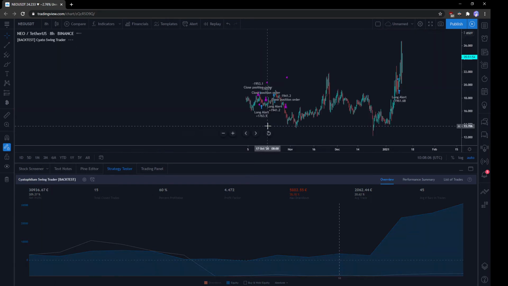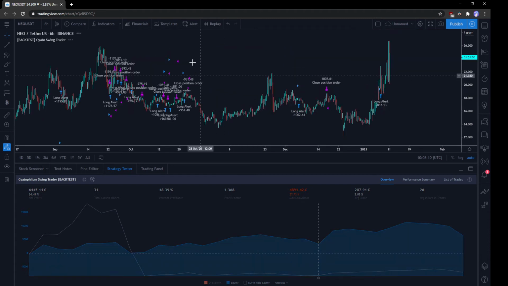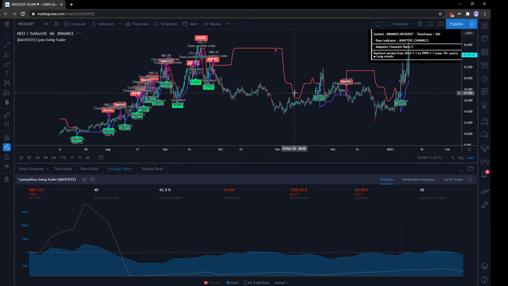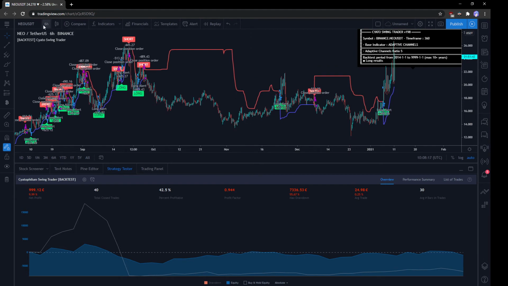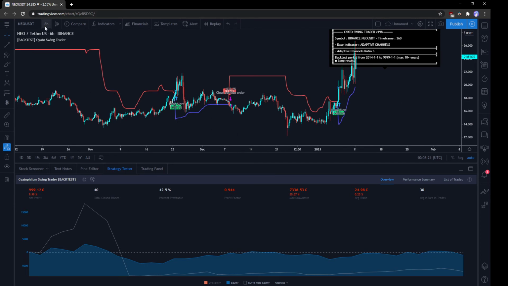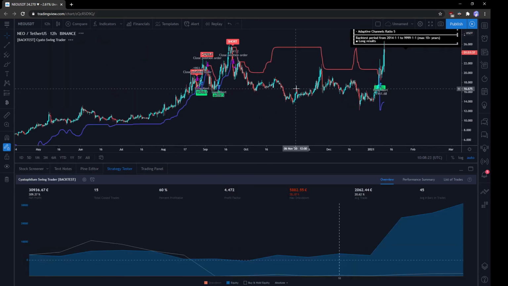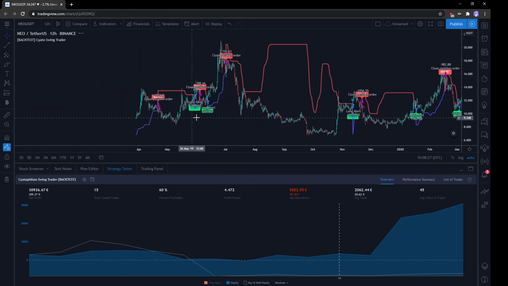So let's see what we get on other time frames. So NIO, we can see that it's not one of the most traded pairs because it does not move much. So that's why we need to use a huge time frame like 12 hours.